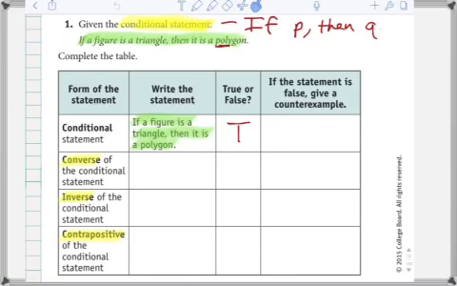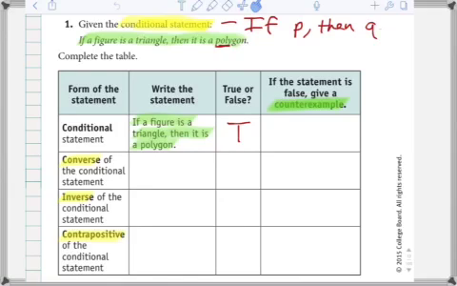If a statement is false, we're going to give what we call a counterexample, and we'll talk about that in a second.